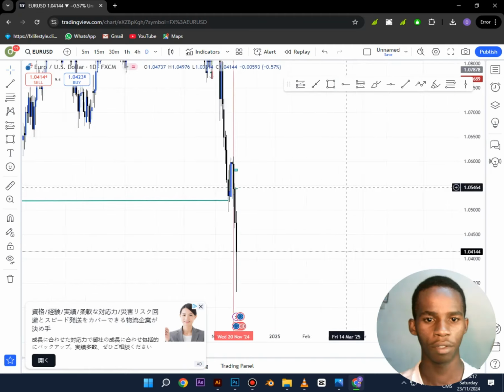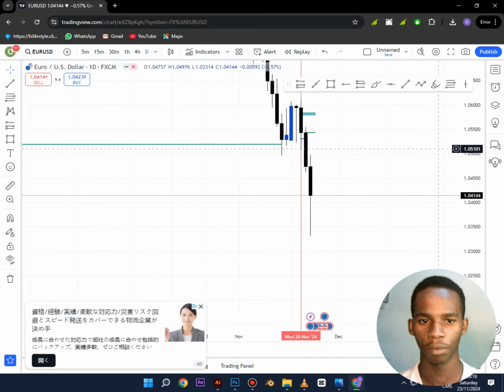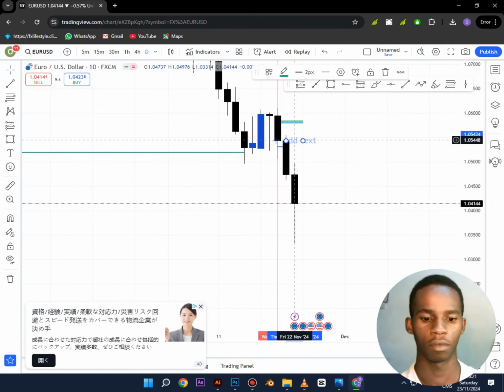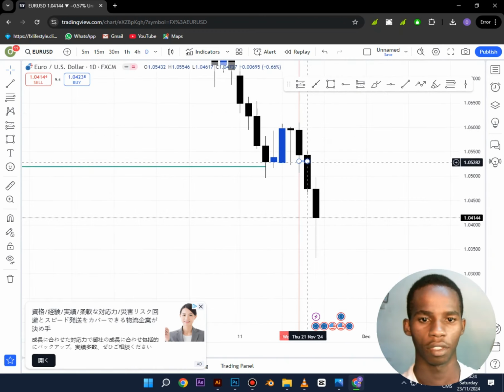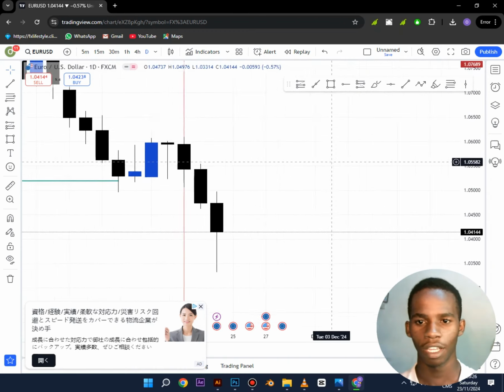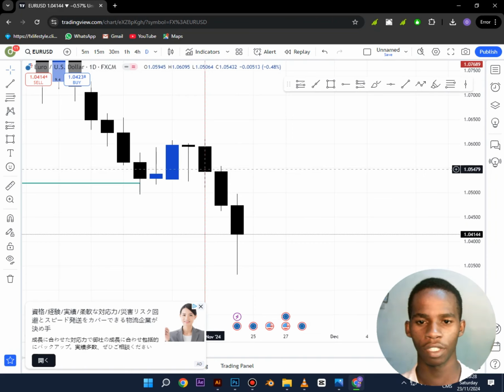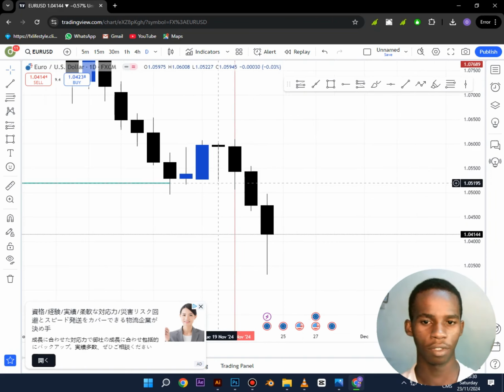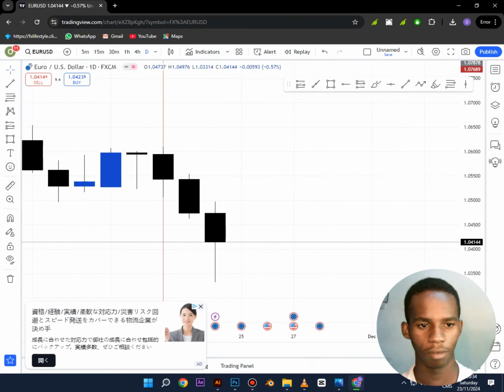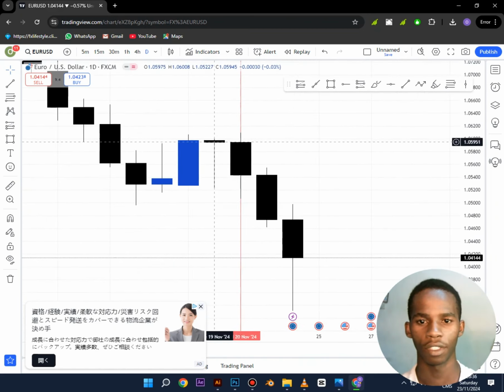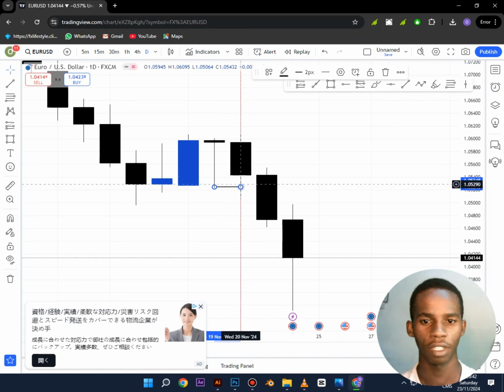Having gone into the daily time frame, I look out for this candle, for 2 candles. So there is this candle over here, and this candle swept the low of this candle. We use 3 candles.